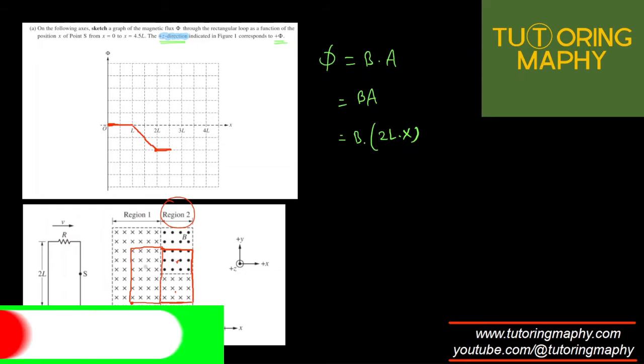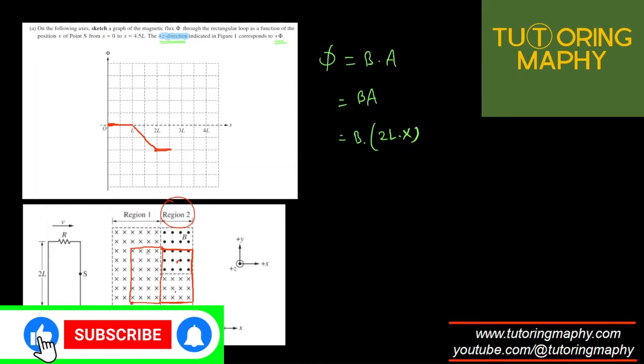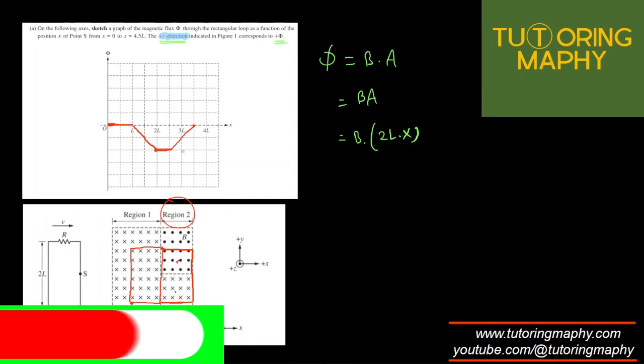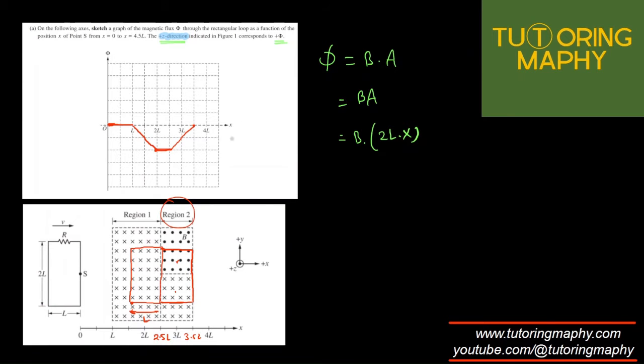0, because after all, the loop is now coming out of region 1. So till 3.5, the loop will once again, from the same slope, come to 0.